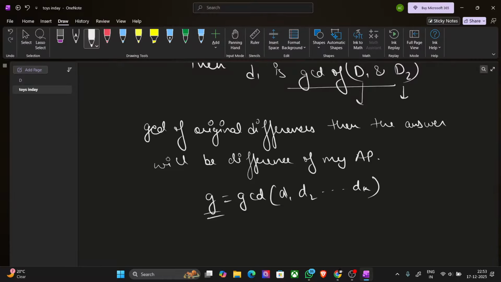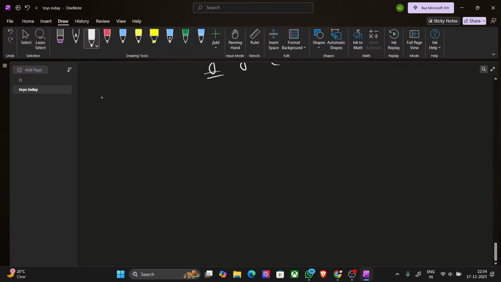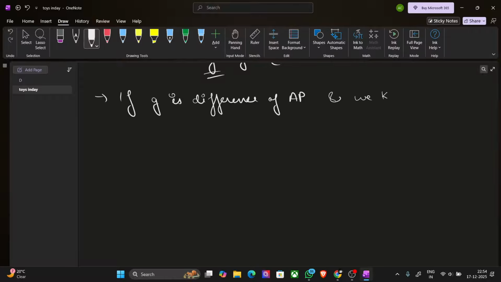Now, how many elements do I need? If G is the difference of the AP, and we know the first element and the last element, then I can count the total number of elements.